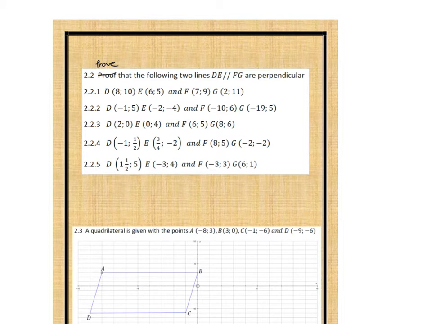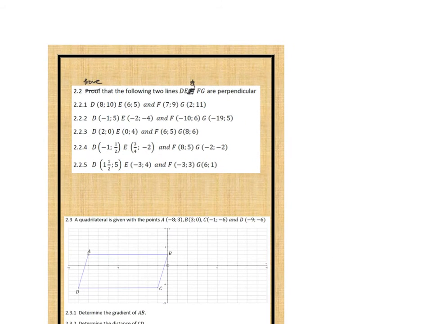Again, prove that the following two lines, DE and FG, are perpendicular. So they're not parallel, they will be perpendicular. Let's work with the gradient of DE and then the gradient of FG.